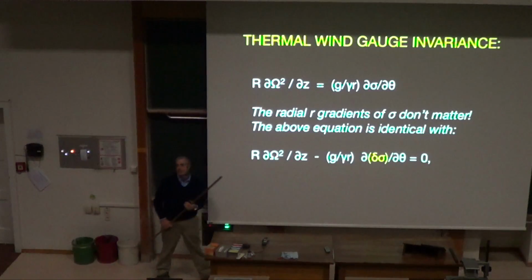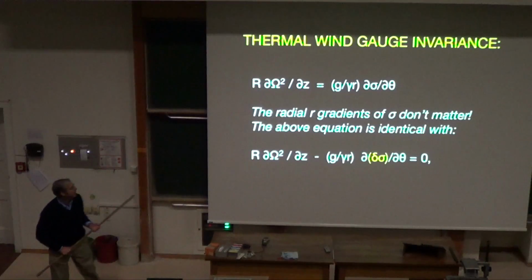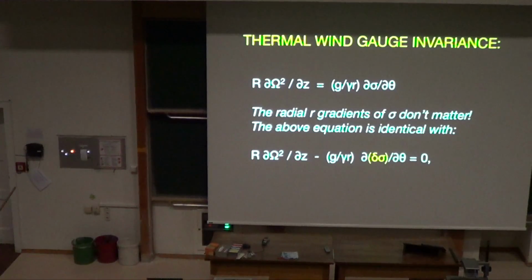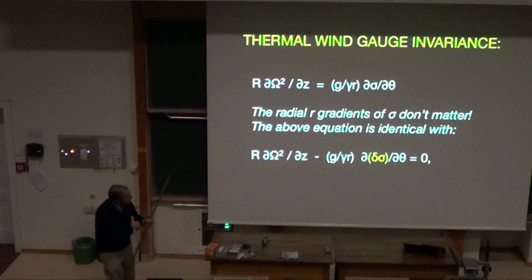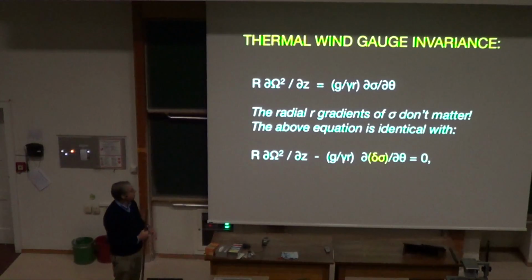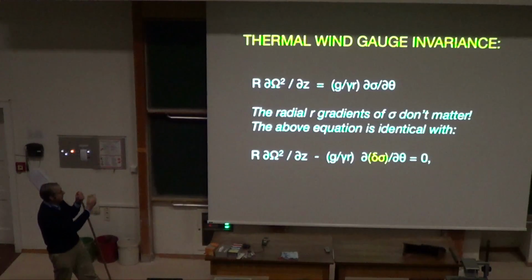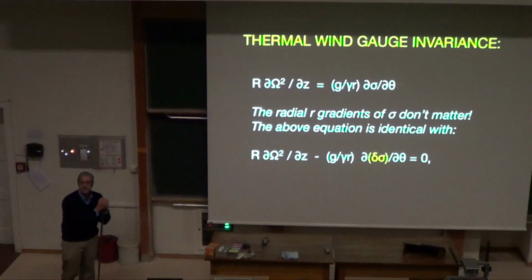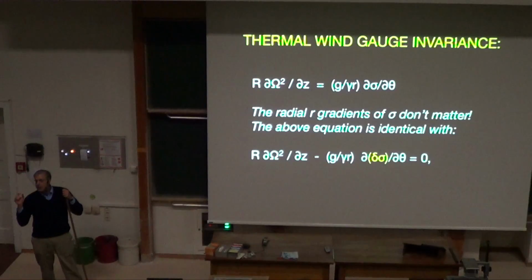I can subtract off that sigma 0 of R and work only with the residual entropy, the stuff that actually varies with theta from one convective cell to the other. So I'm interested now, when I want to solve this problem, not so much in finding a relationship between the rotation omega and the entropy itself, but only that piece of the entropy, the residual entropy.